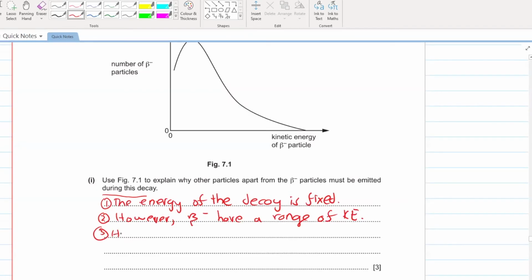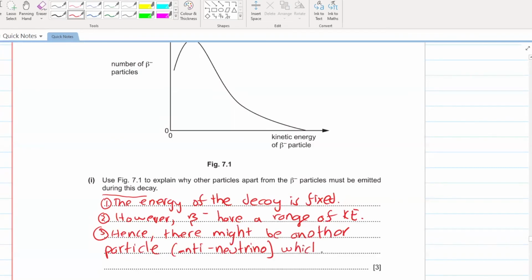Hence, there might be another particle known as the antineutrino, which consumes the remaining or extra energy.